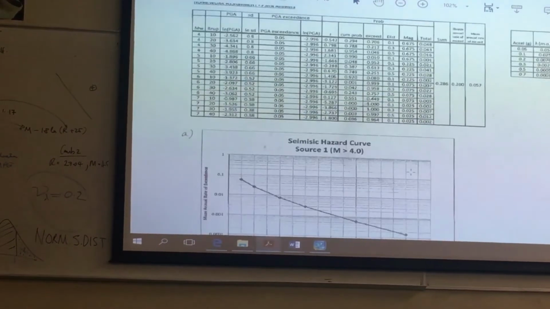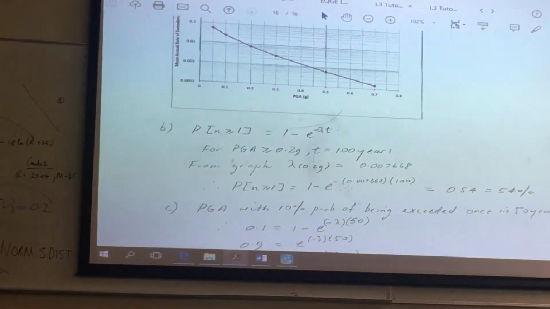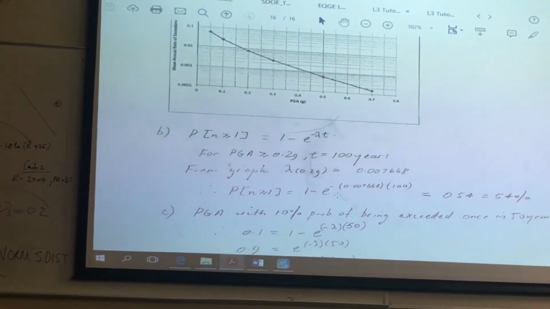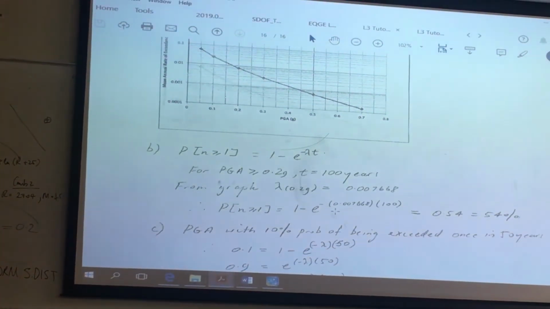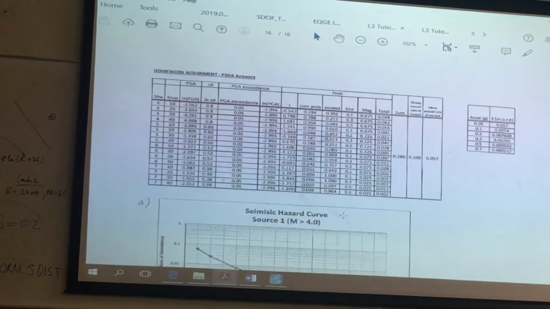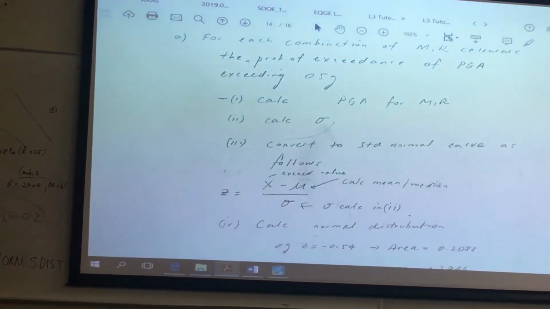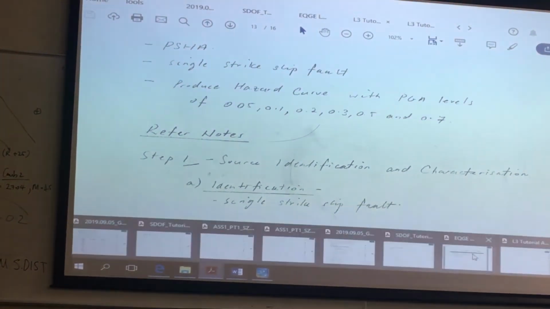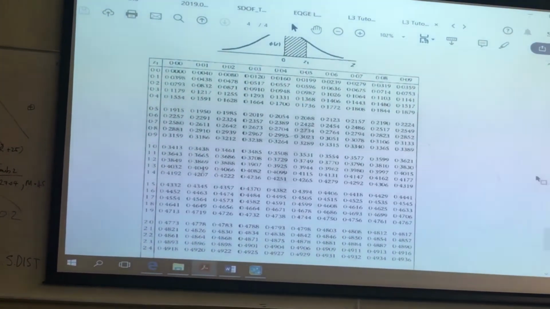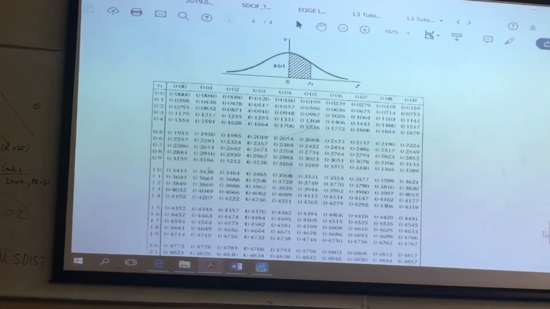And then next week, once we've got that information in your hazard curve, we can solve, using Poisson's distribution, these questions, right? But you can have a look at that as well. I'll upload this onto Moodle, and you can look at the answers as well. If you don't understand, we'll go over them a little bit next week.